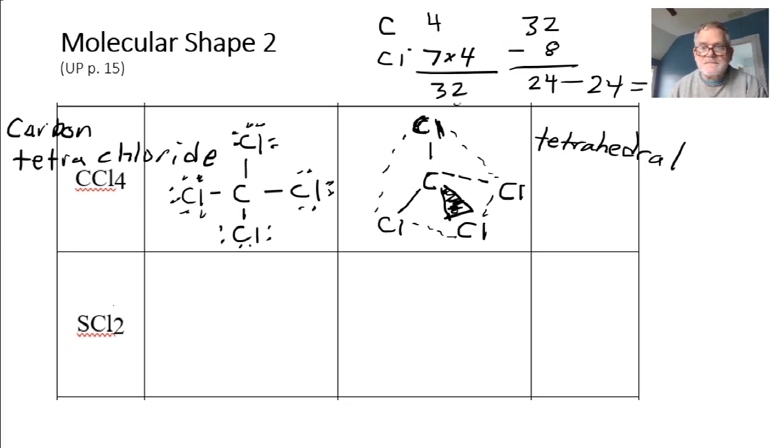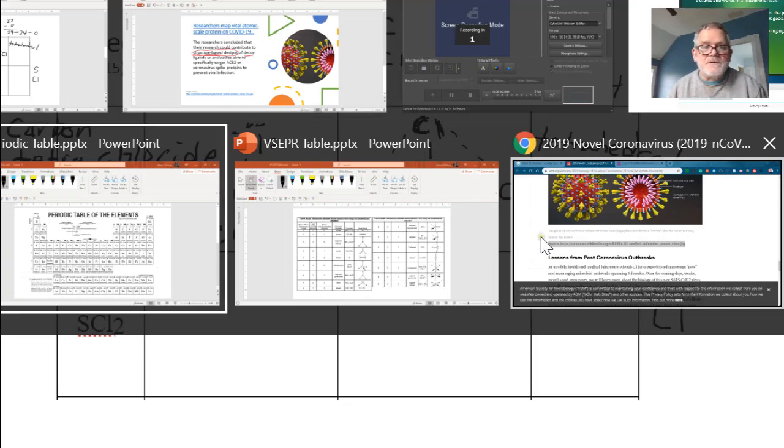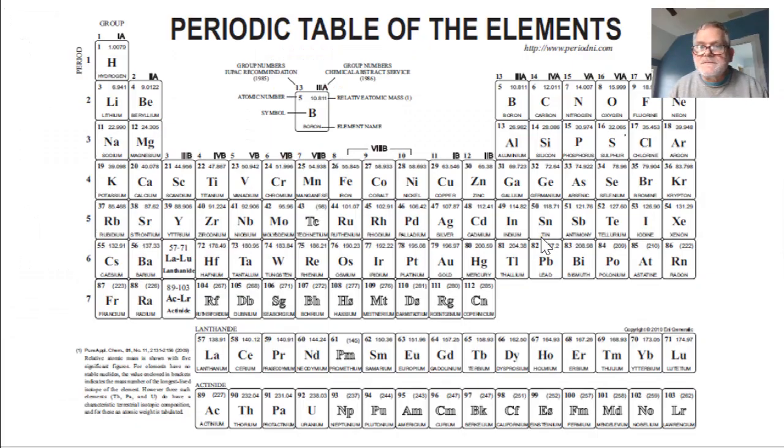So here we have S, sulfur, attached to 2 chlorines. So I'm going to write the formula over here. Sulfur dichloride. Okay, so if we go to the periodic table real quick, sulfur is right there, in column 16, and chlorine is in column 17.